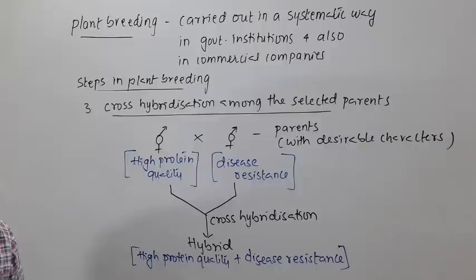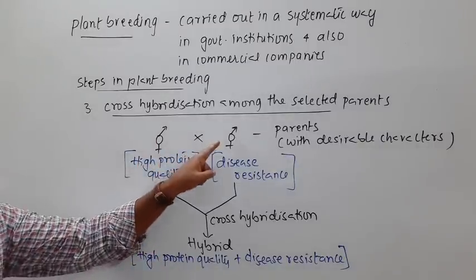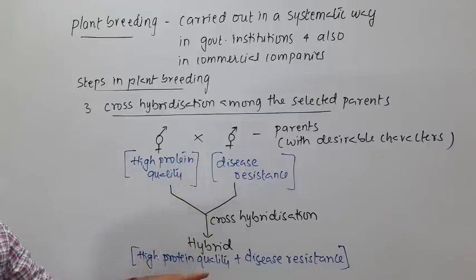Even though I have obtained 1,000 seeds, I may not get the hybrid in all those 1,000 seeds. If I don't get it, then again I have to perform this process and see whether the progeny has these two characters. If you did not get it, you should go on doing the experiment until you get the hybrid with these desirable characters.